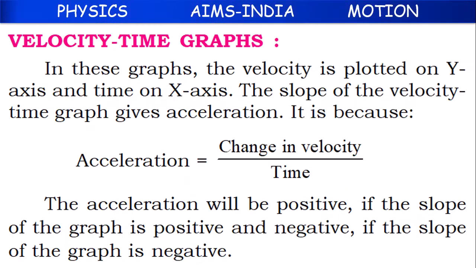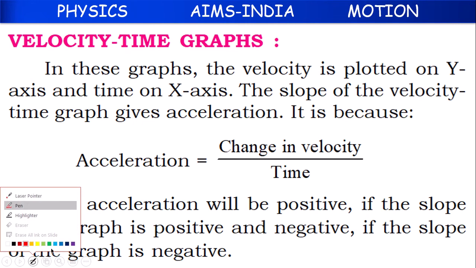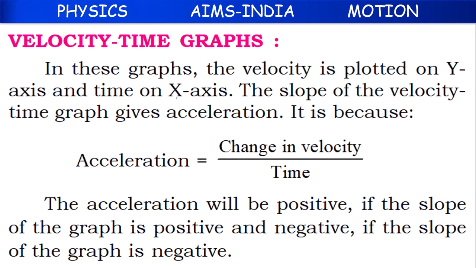So our next topic is regarding velocity and time graphs. Here, in these graphs, the velocity is plotted on the y-axis, which means the vertical axis, and time is plotted on the x-axis, which means the horizontal axis.